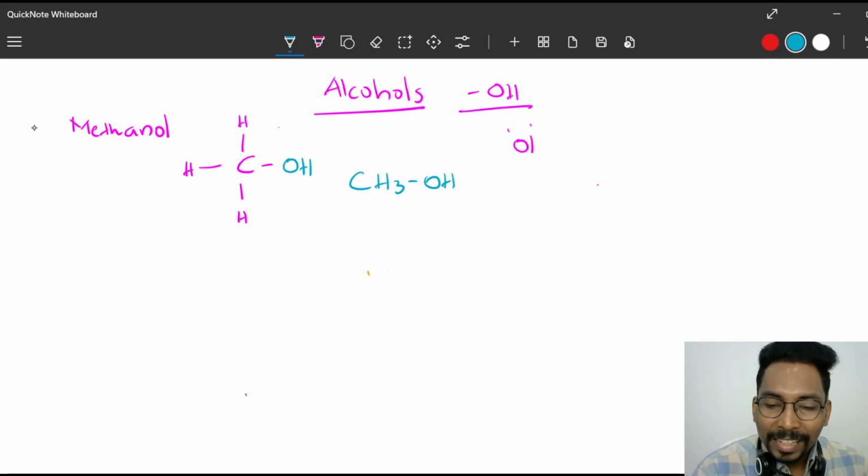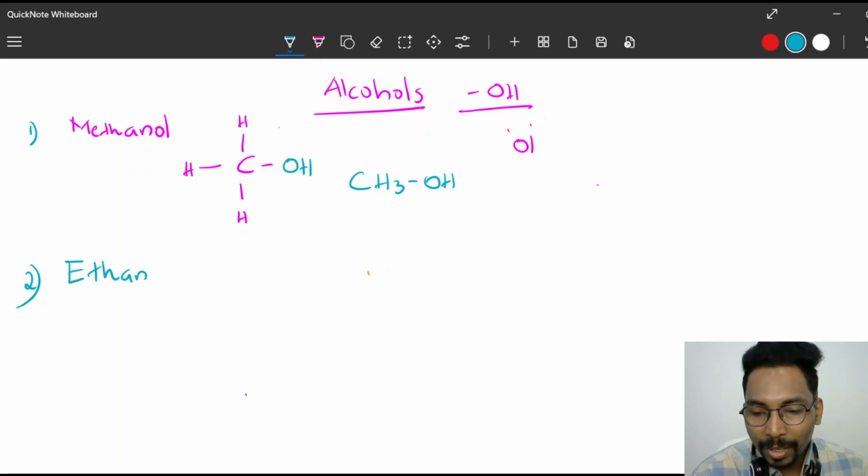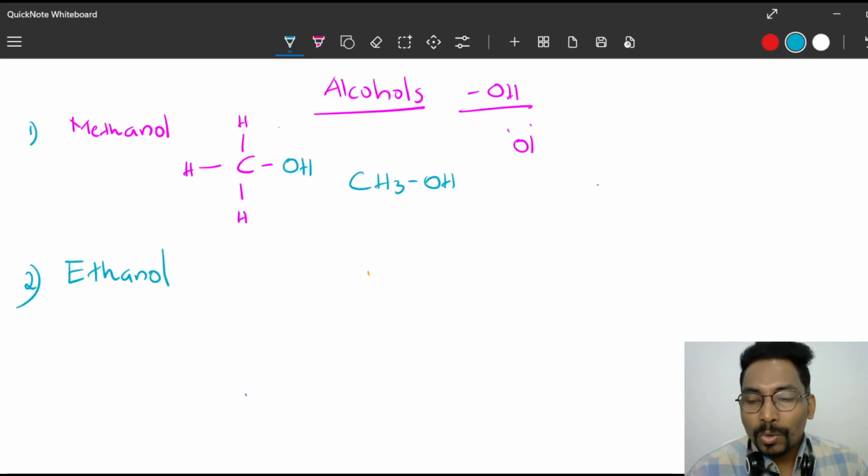Second one, what will be the next? Meth, then eth, two carbons. So ethanol, which means two carbons should be there.